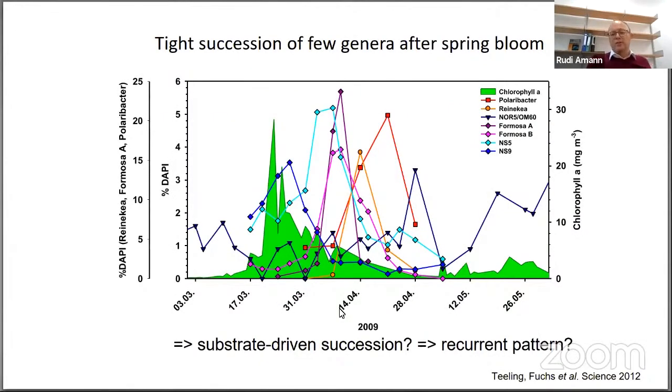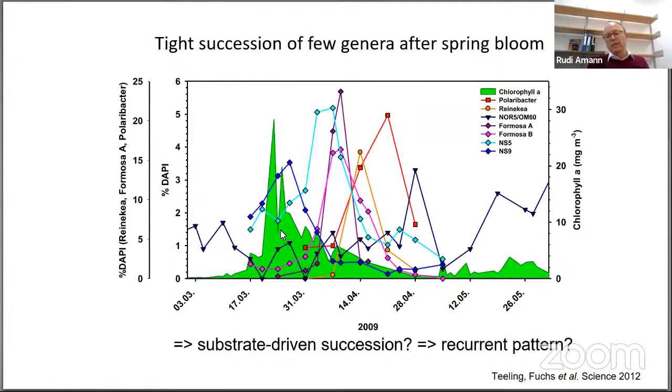Now, this tight succession of different genera, some of them, if something is called NS5, we don't have a single isolate at this time. If it is Formosa, it's close to a cultured Formosa. Rhyneikea is also cultured, Polaribacter is cultured. So there is a relatively flat situation in the winter.